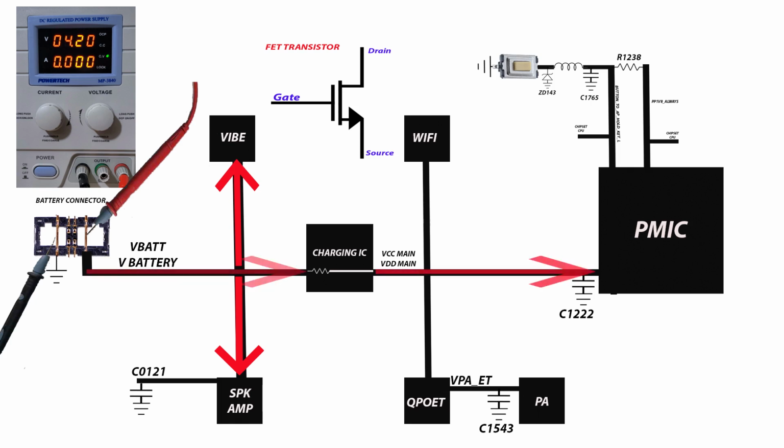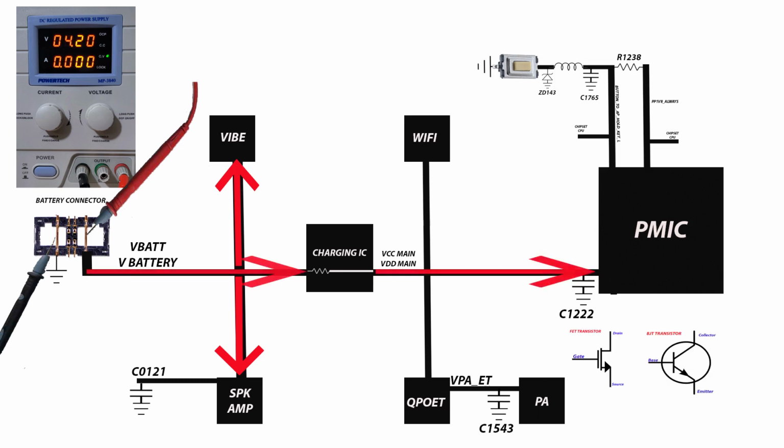So if you see VCC and VDD, that means this main voltage, for VCC, goes to the collector pin on the BJT transistor, and on the FET transistor, main voltage goes to the drain pin. Okay, you understood up to here.